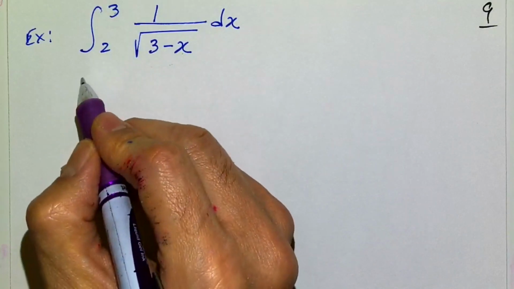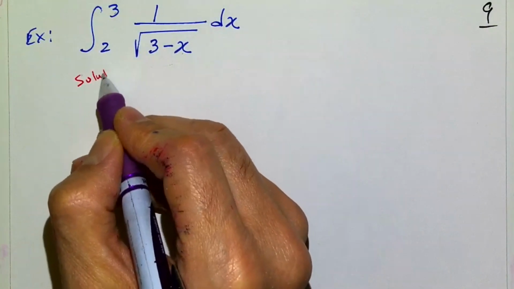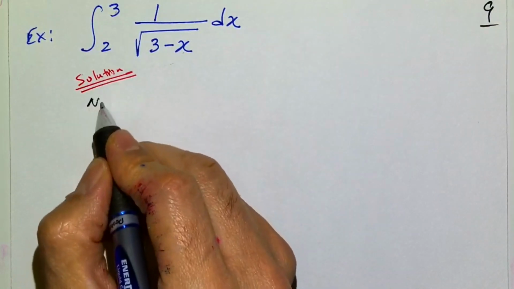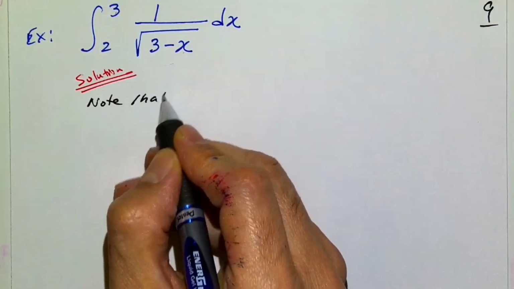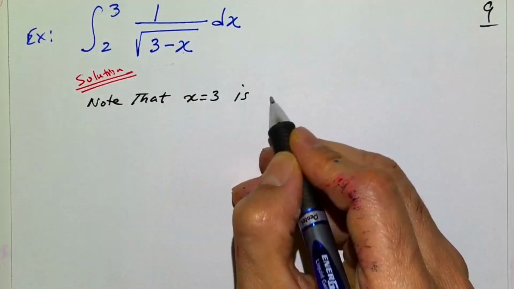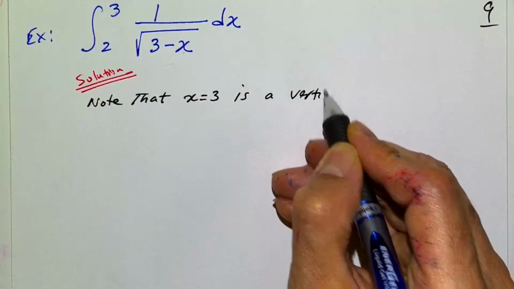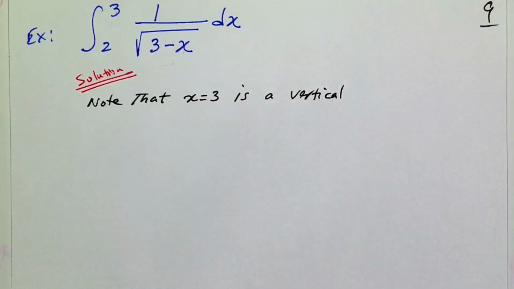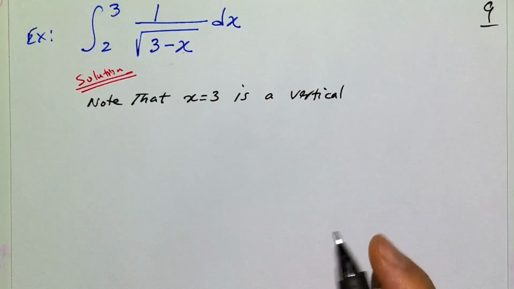I hope you're pausing the video as you're going through this. First note that x equals 3 is a vertical asymptote. That's a clue that we have a type 2 improper integral.